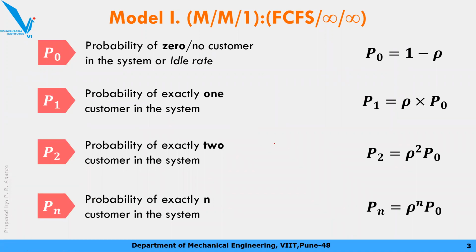When you are asked to calculate the probability of having exactly one person in the queue, which option will you select: P0, P1, P2 or P3? This is very important, because students often make mistakes here.